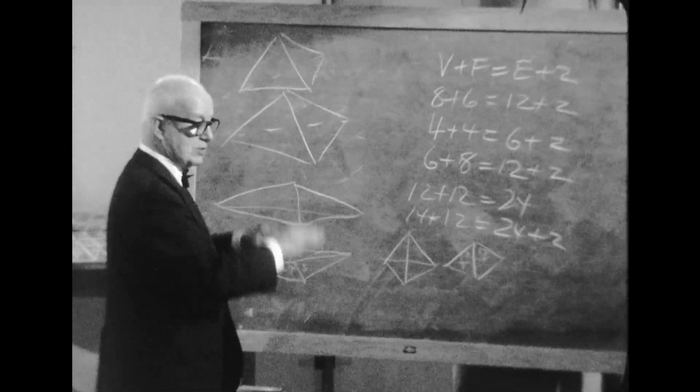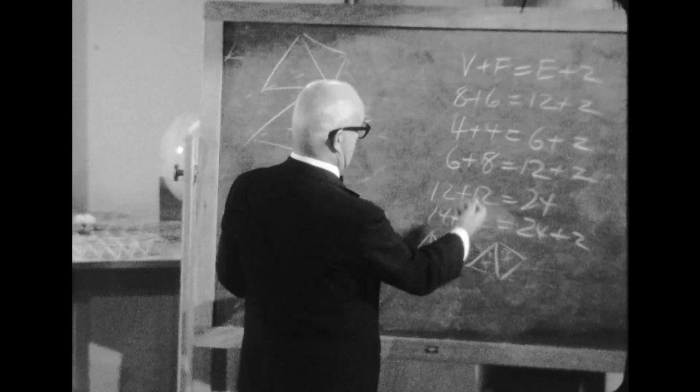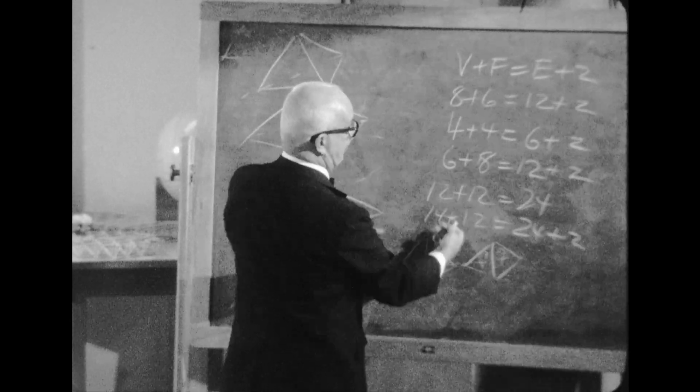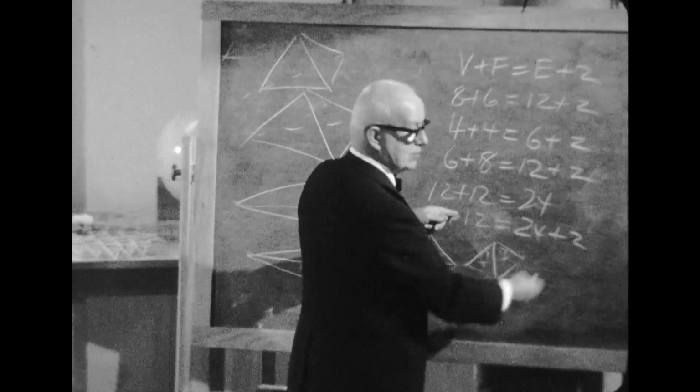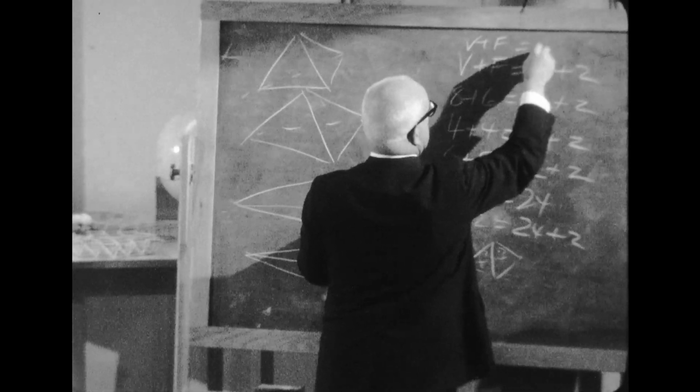Therefore, you dropped out one face on this side of the equation. Therefore, I have to take out 1 on this side of the equation. So it will equal B plus F equals E plus 1.